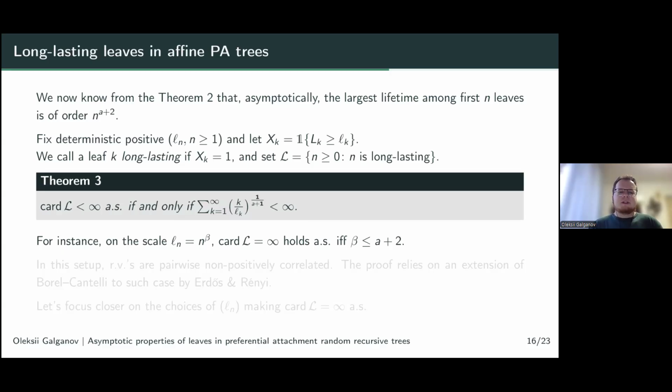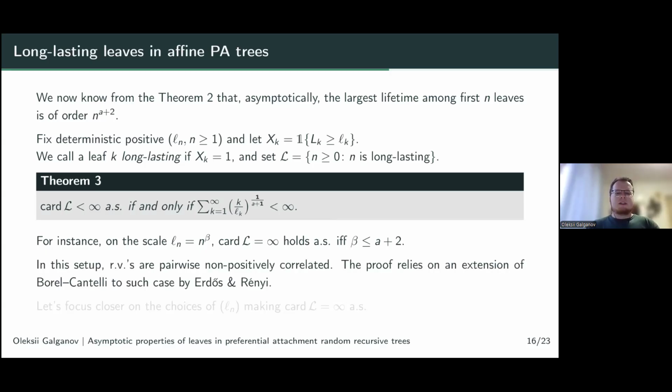For instance, on the scale when the sequence Ln grows like n to the power of beta, we would have an infinite number of long-lasting leaves if and only if beta is less than a plus 2, which is like the borderline of the largest lifetime that we have previously.